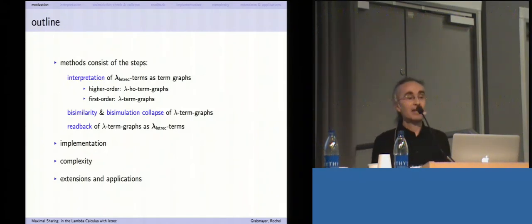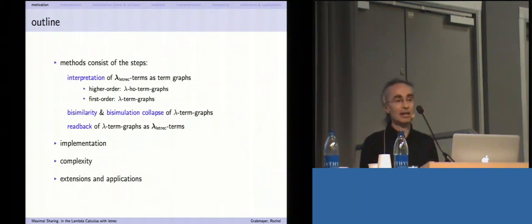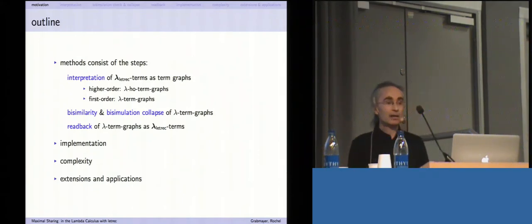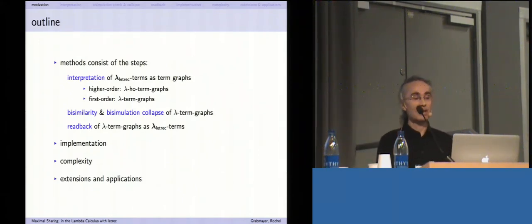And the third step is a readback operation that, given a term graph, reads back a Lambda letrec term. We will see these three steps in a second. We also have an implementation of these methods, and I will say something about complexity and extensions and applications of these methods.